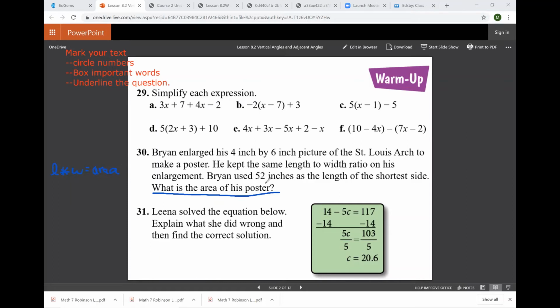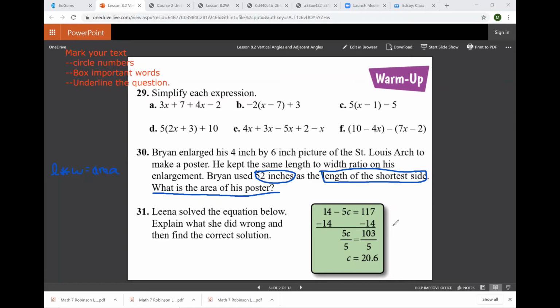So they wanna know the area of this enlarged poster, not the poster that he started with, but the new poster. So here's something. He used 52 inches for the length of the shortest side. So I do know that, so that helps me. I know the length, but I don't know the width.